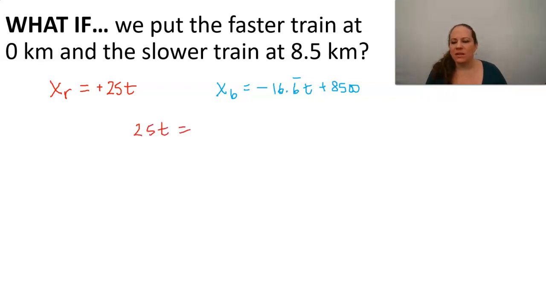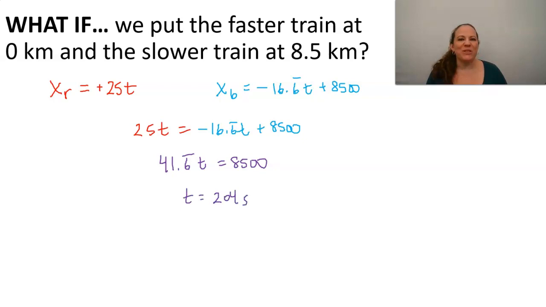We're going to set them equal to each other just like we did before. 25t equals our negative 16.6 repeating decimal t plus 8,500. And when we combine like terms, we're going to get 41.6t equals 8,500, which we saw before. And that's going to give us a time of 204 seconds.